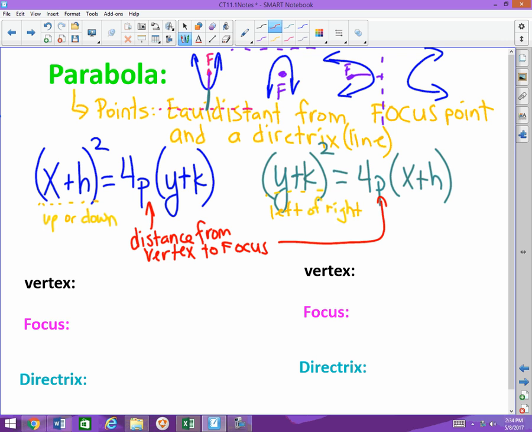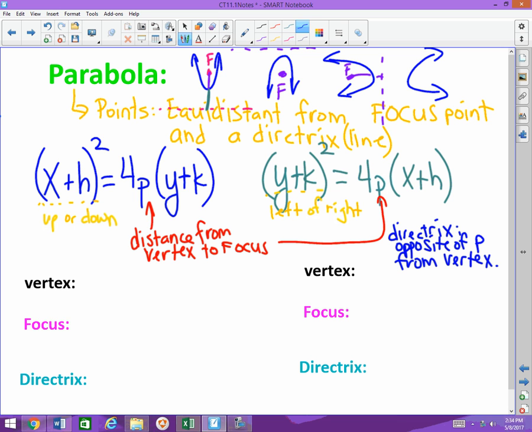It doesn't matter in which direction that is. And then your directrix is a line that is in the opposite direction. So it's in the opposite direction of p from the vertex.